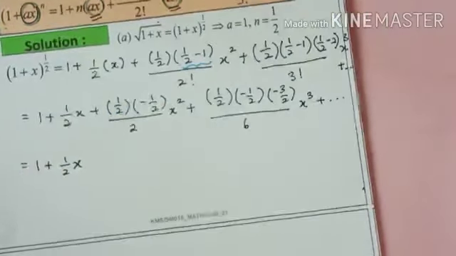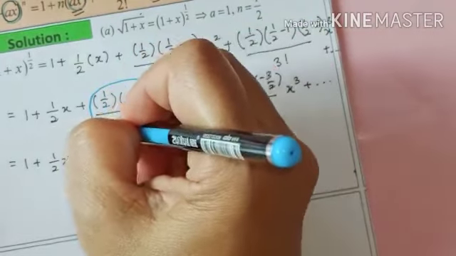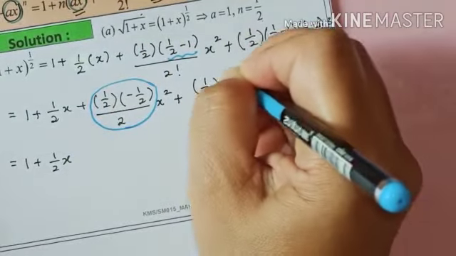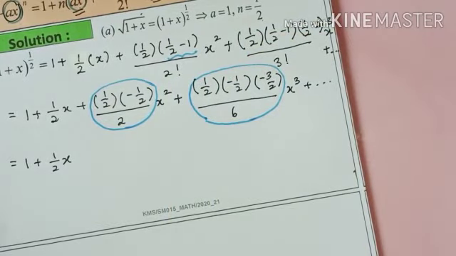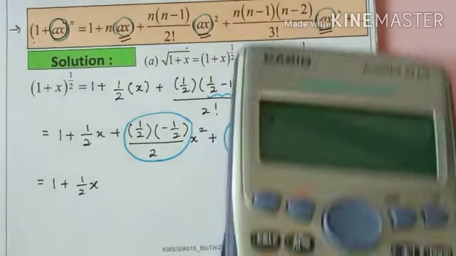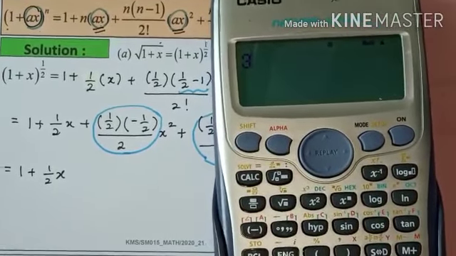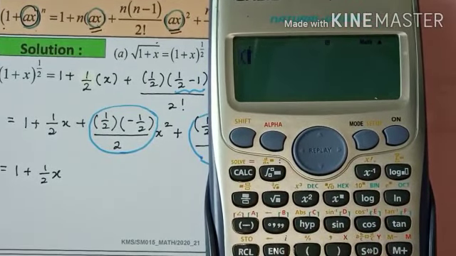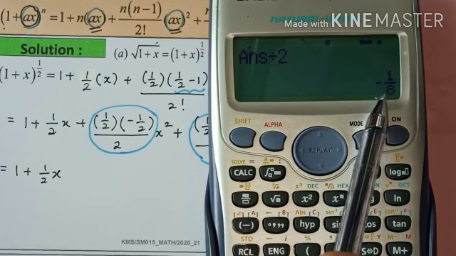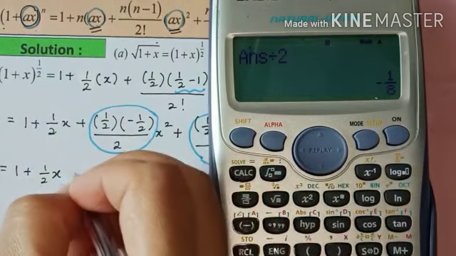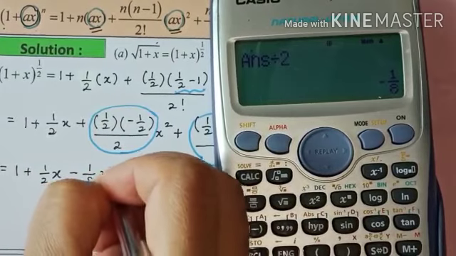The next step is we have to simplify this fraction. You can use the calculator, just insert all these numbers: half in a bracket, then the second bracket is negative half, press equals, and divide by 2. This is the value after you simplify: negative 1/8 x squared.